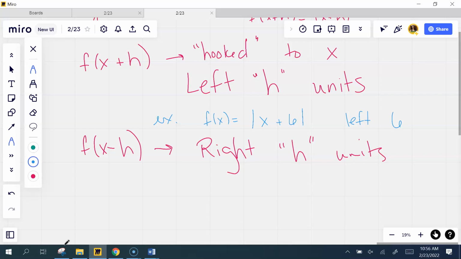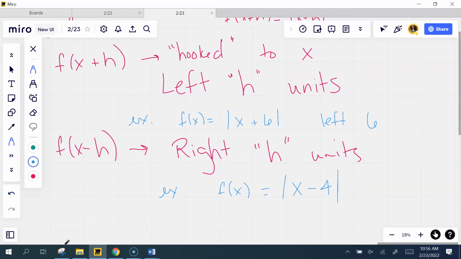So again, if that was f of x equals the absolute value of x minus 4, that would be right 4. If it was x minus 1 squared, that would be that parent parabola, but shifted right 1. We're always going back to the parent here and doing the transformation.